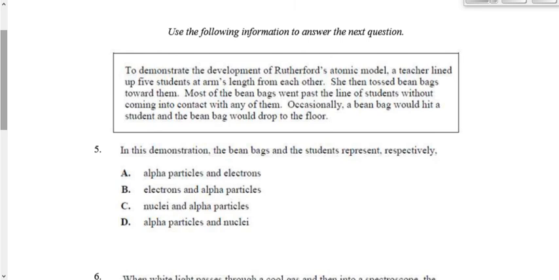Most of the beanbags would hit empty space, but then the odd beanbag would hit somebody and deflect off of them, and then the odd beanbag would bounce off of somebody and come straight back. So this would be Rutherford's experiment. The beanbags would represent the alpha particles, and the people that they bounce off of or miss would represent the nuclei.